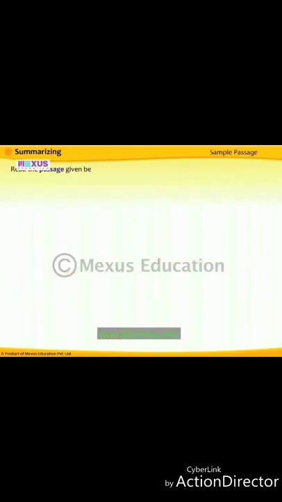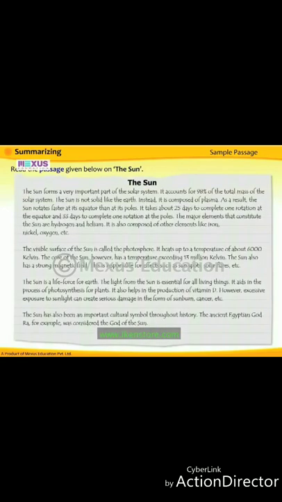Read the passage given below on the sun. Before we summarize this passage, it is important for us to identify the main points. This will make it easier to create a summary.